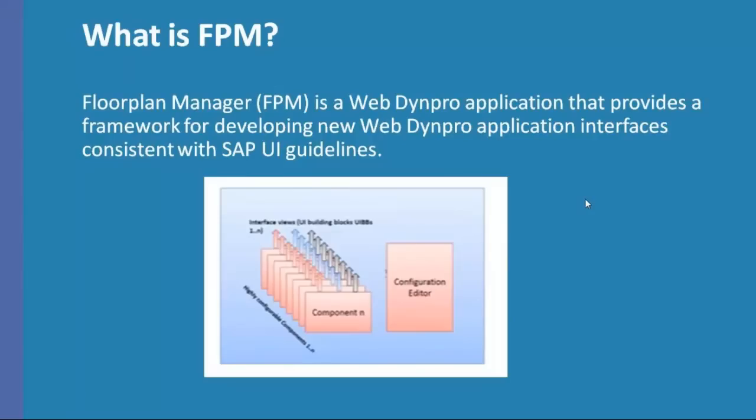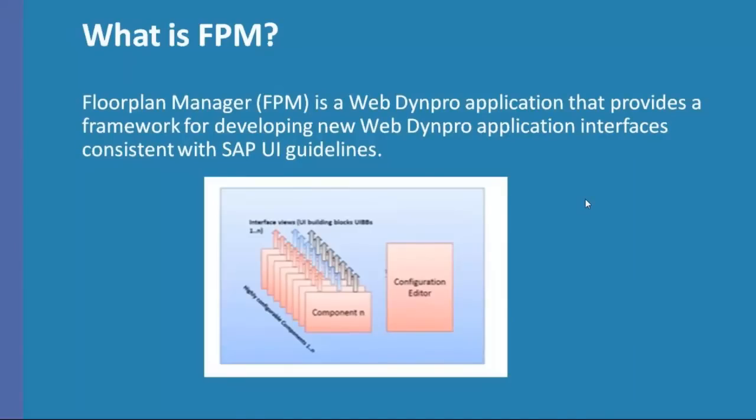Prior to 6.1, there were smart forms, SAP forms, and Adobe forms. These were all used as part of the UI. But from 6.1 onwards, MDG adopted the web version's backend component as the floor plan manager.